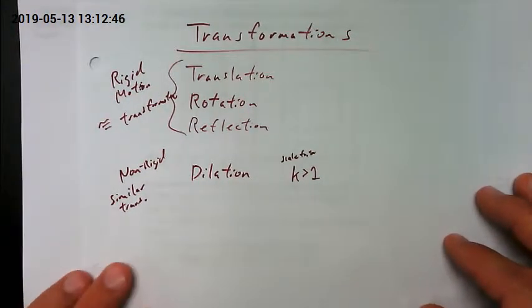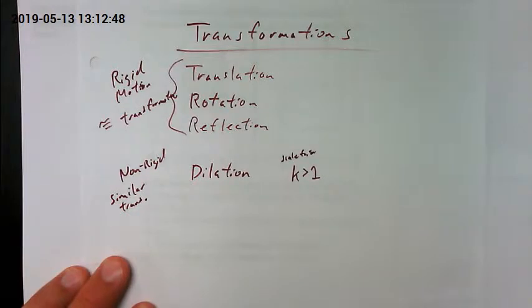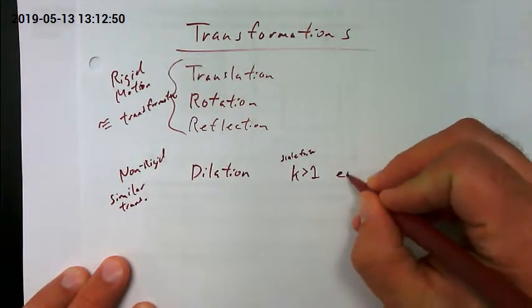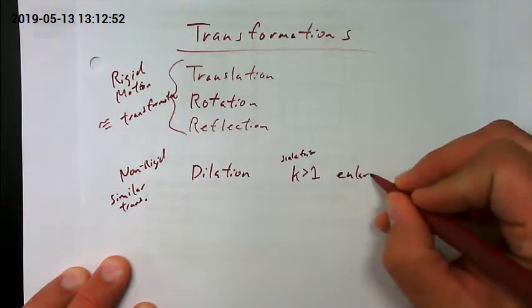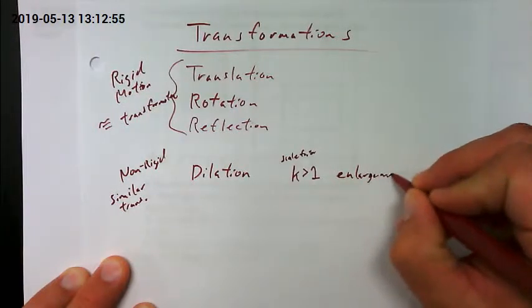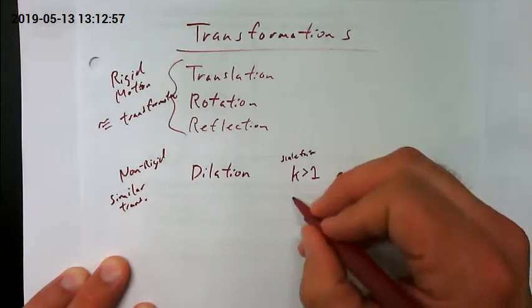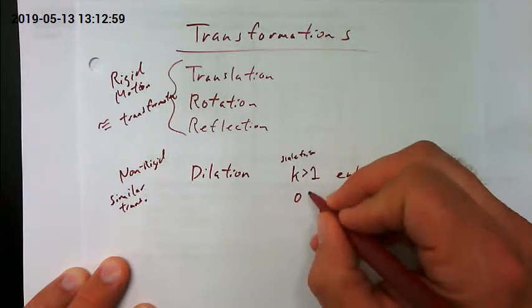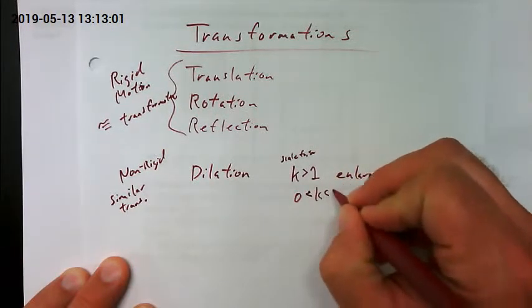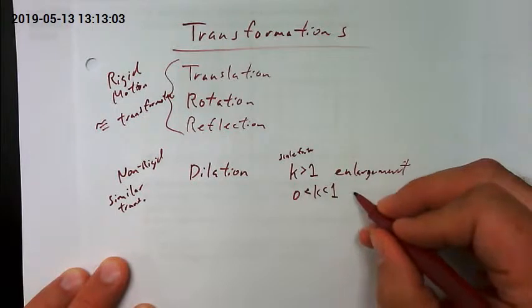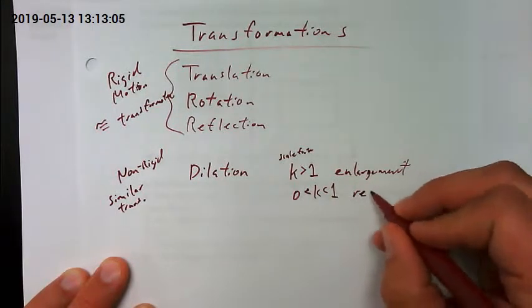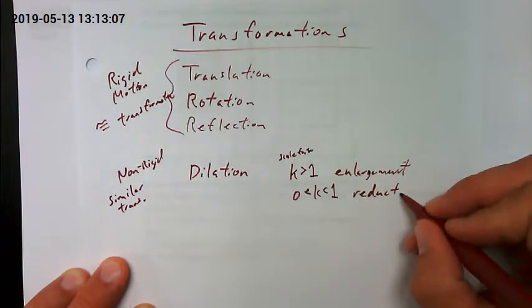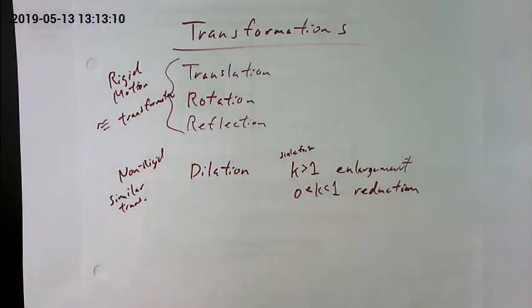If the scale factor is greater than 1, the correct term is enlargement. Where if K is between 0 and 1, it's a reduction. Is everybody paying attention?